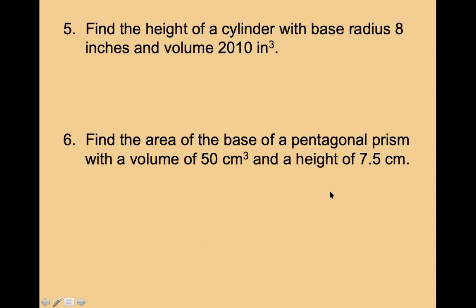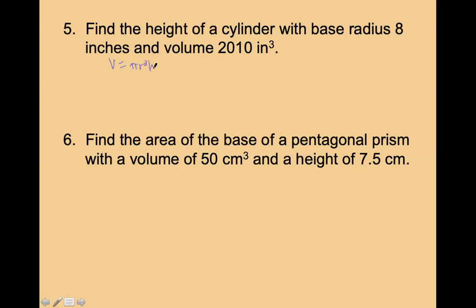This time it says find the height of a cylinder with base radius 8 inches and a volume of 2010 inches cubed. So this time we know the volume, we know the base radius, but we don't know the height. So let me grab my pen again. I'm going to write down the formula. So it's a cylinder, so volume equals, and remember for the base area we can substitute pi r squared when it's a cylinder.